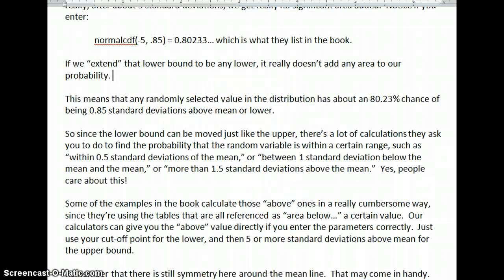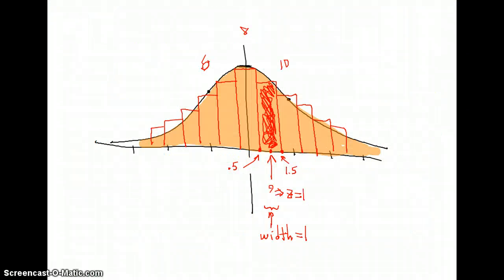Just looking here at the other examples they have in the book for areas they ask you to calculate. They do ask you to calculate some areas above a value, and the way they talk about it in the book, it's like they want you to look at this cumbersome old-fashioned table of values, but you have this all in your calculator. So if you wanted to find the value above a certain point, you'd enter the lower point as your lower bound, and then enter something like 5 or 10 as your upper bound.